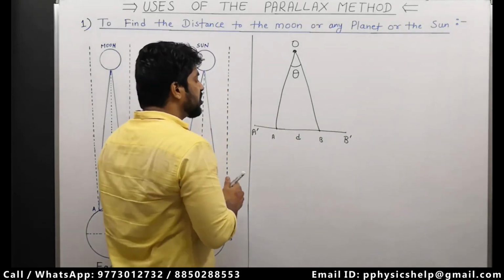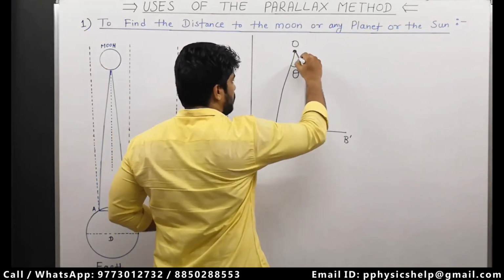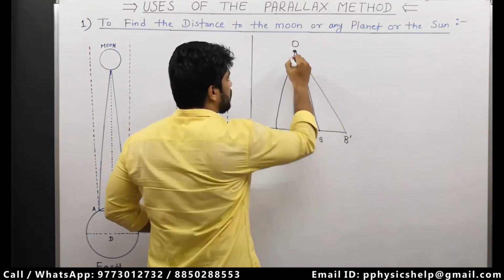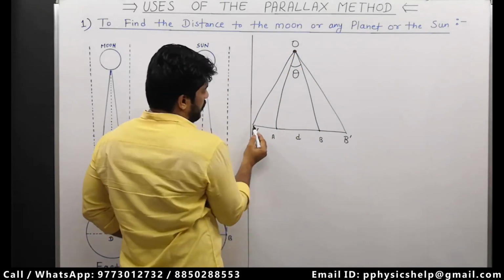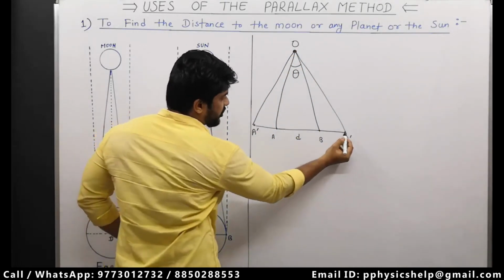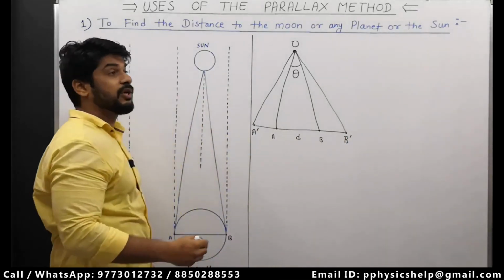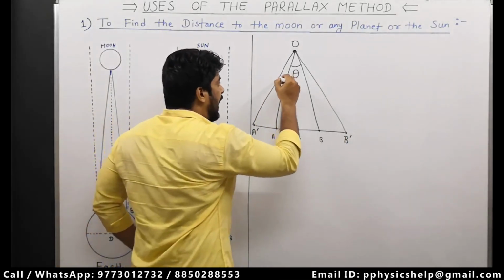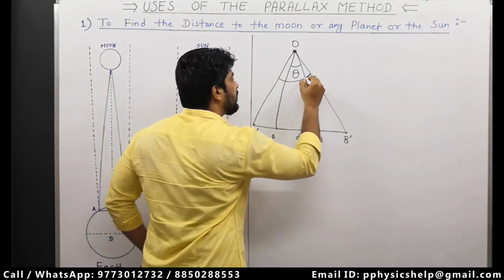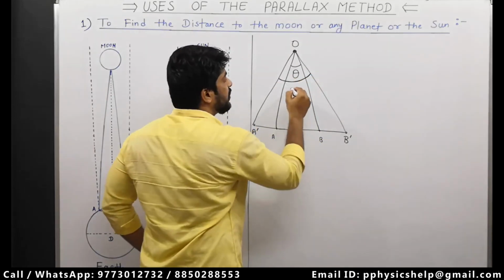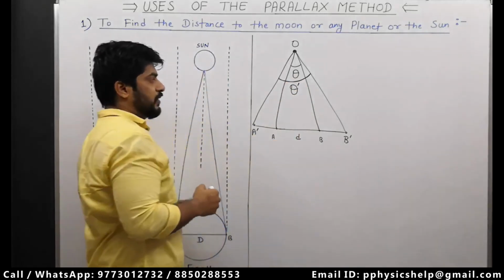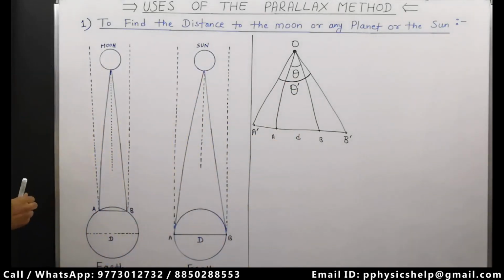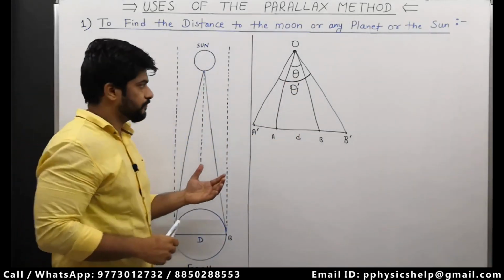So in this case, see what happens. If the points of observation are A dash and B dash, look at this angle. This angle has now increased, isn't it?